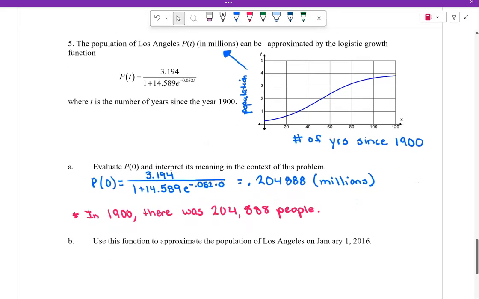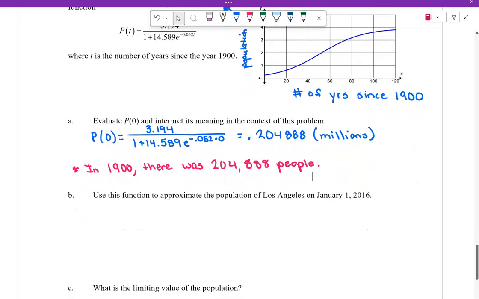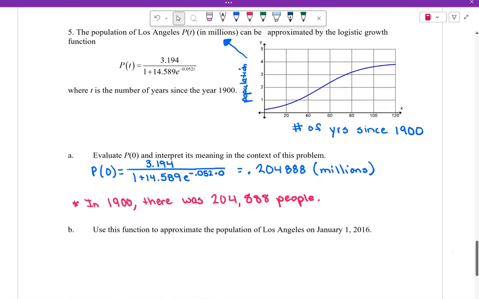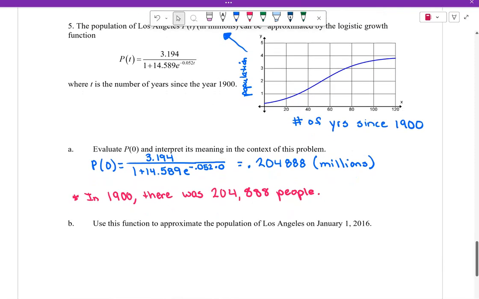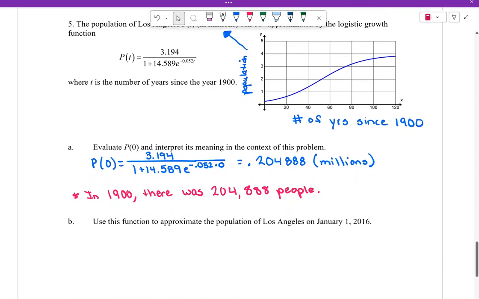Use this function to approximate the population in January of 2016. So we have 2016 minus 1900. So this means 116 years later. So we're just going to use the same equation, but plug in 116.